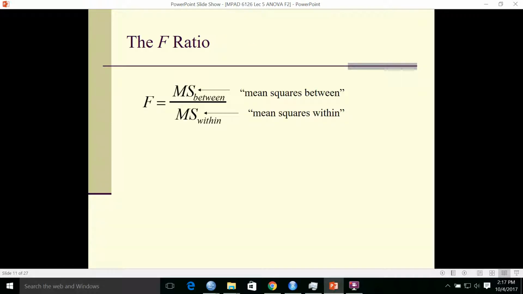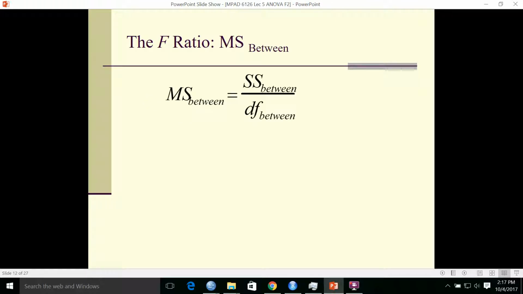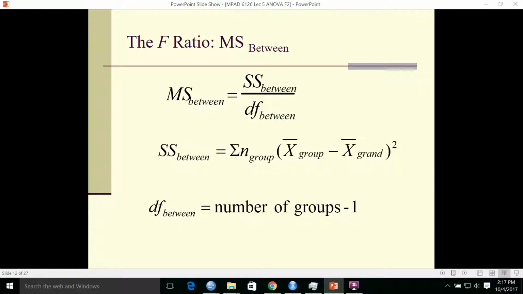Okay, so the formal F-test is the mean squares between divided by the mean squares within. Mean squares between is defined as the sum of squares between divided by the degrees of freedom between, and the sum of squares between is just the sum of the number of groups times the group mean minus the grand mean, squared.